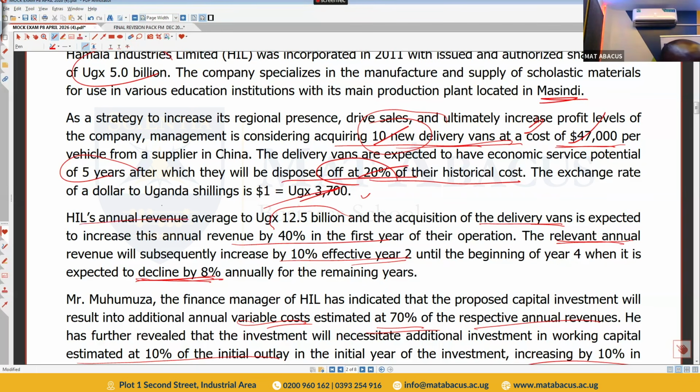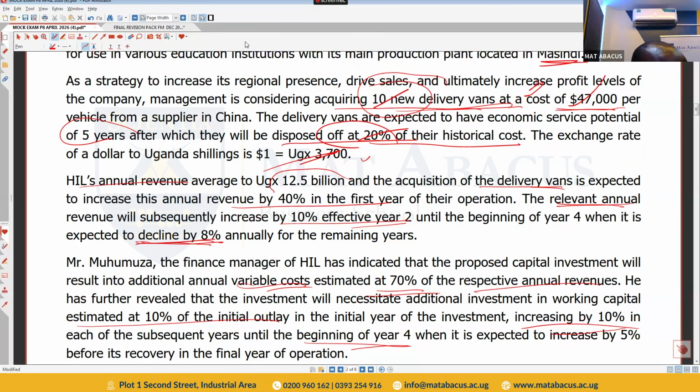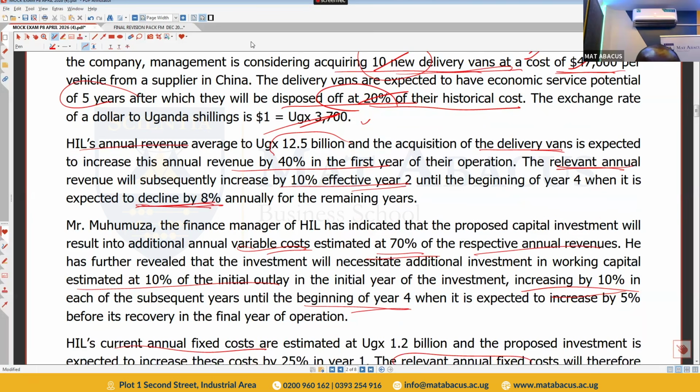Now we are going to annual revenue. We are being told the current annual revenue is 12 billion, 12.5 billion, but when they acquire new delivery vans, this is expected to increase by 40% in the first year of the operation.